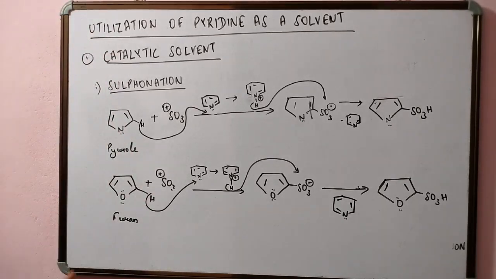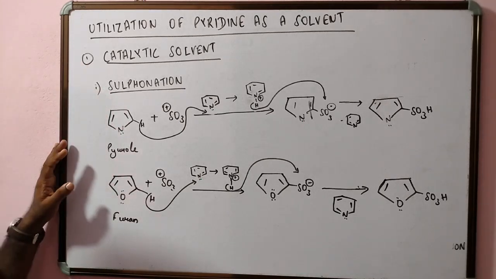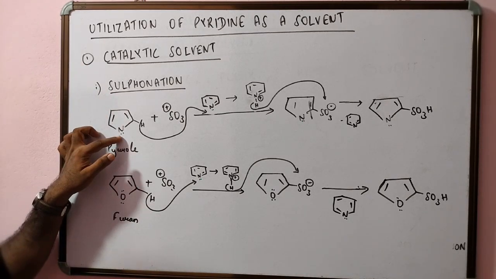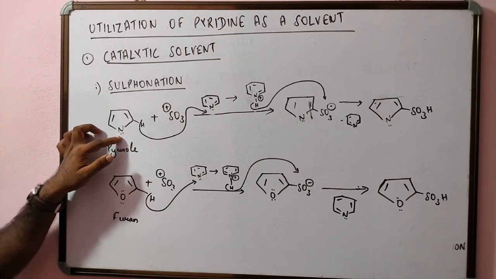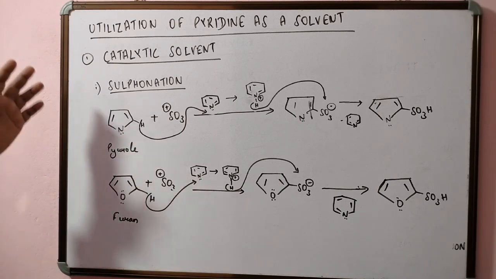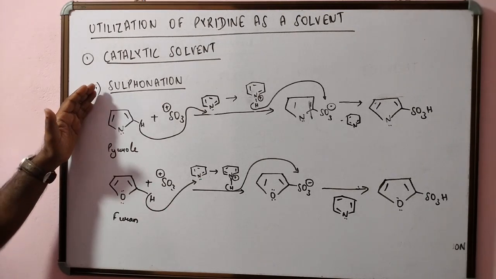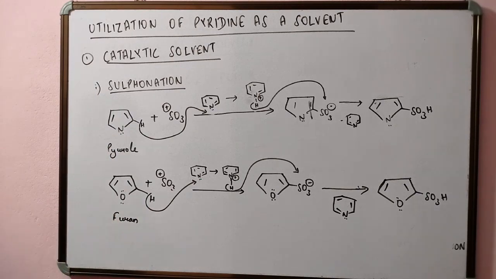Pyridine has often been used for its catalytic properties, and this is credited to the basicity that the pyridine ring has been endowed with. The basicity is due to the lone pair of electrons that the nitrogen has. One of the examples in which pyridine has been used for its catalytic purposes is the sulfonation of pyrrole and furan.